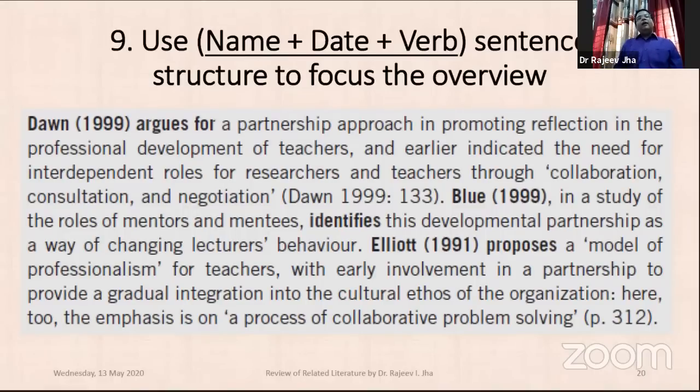Instead: an author 1999 argues for, another author 1999 argues for or identifies, another author 1991 proposes, and so on and so forth. The verb that is associated speaks volumes about what you have analyzed, how you are reflecting, and what you have understood about the review that you have studied. Next slide, please.